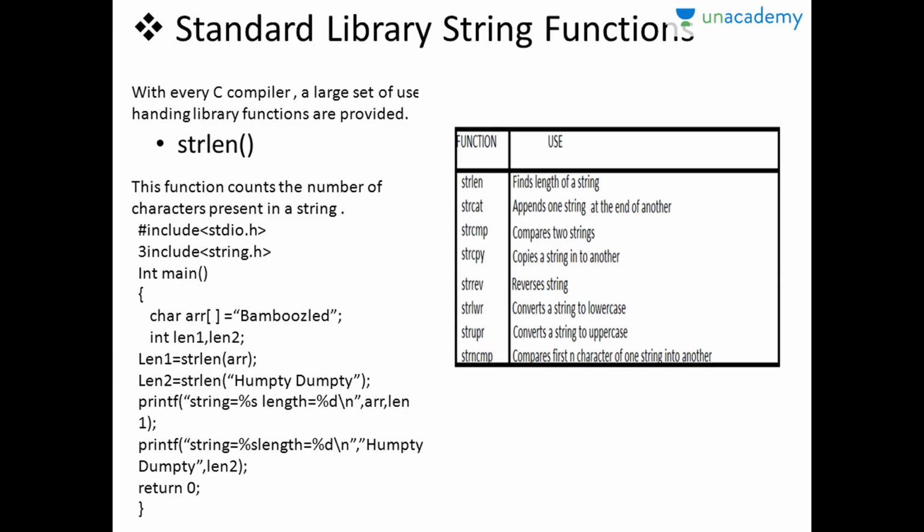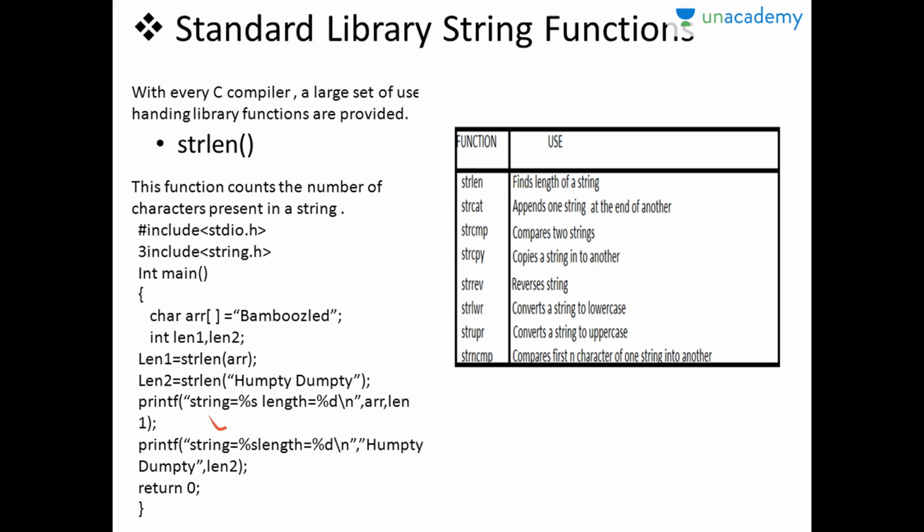For finding the length, I gave a small example. I have assigned an array with this word, and then declared length 1 and length 2 as len1 and len2. For len1 I'm assigning the length of this array, and for len2 I'm adding some other word, Humpty Dumpty.